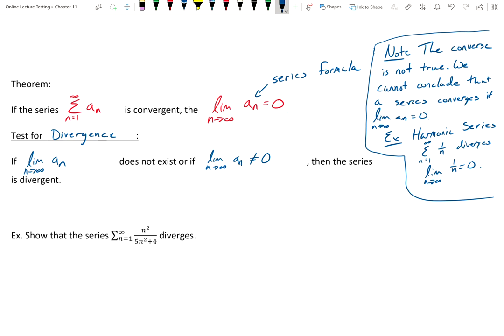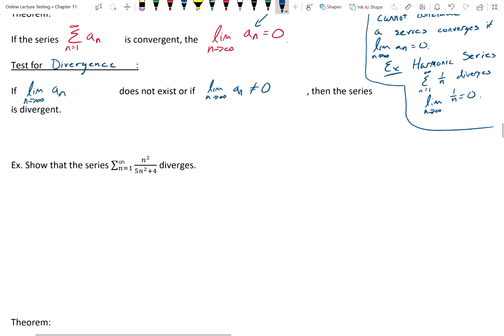But if we could show that the limit of the series is not equal to 0 or does not exist, then we can say it diverges. So this only has the authority to say a series diverges. It has no authority to say a series converges. And a good case in point here goes back to the harmonic series, because it would fail this test because the limit does equal 0, but we know the series diverges.